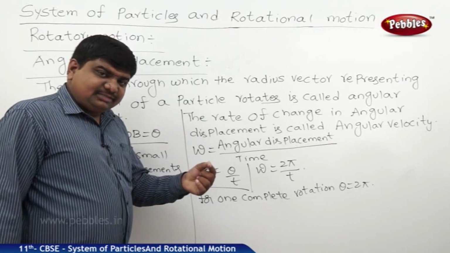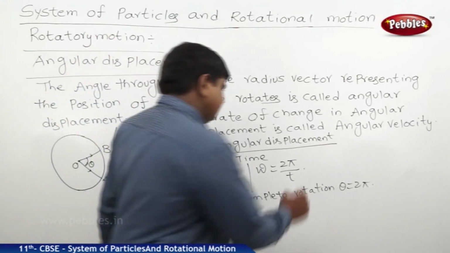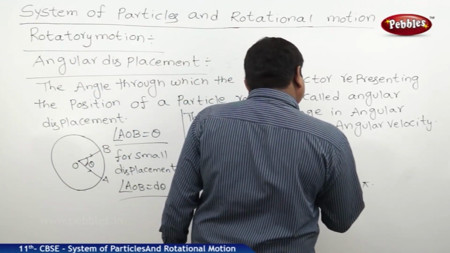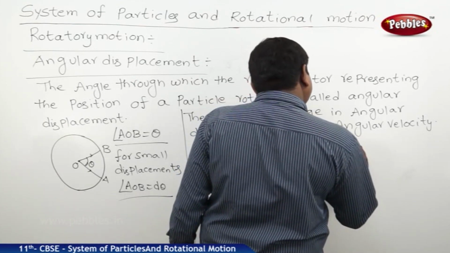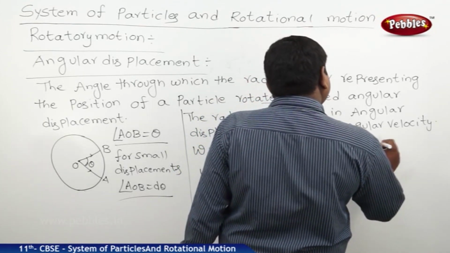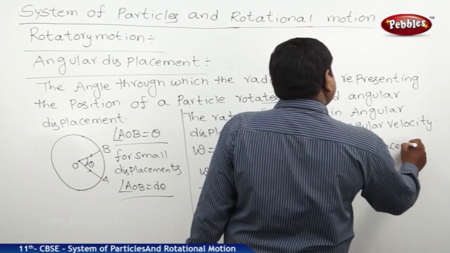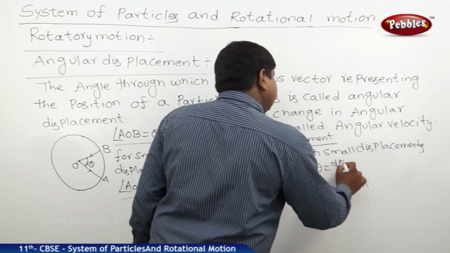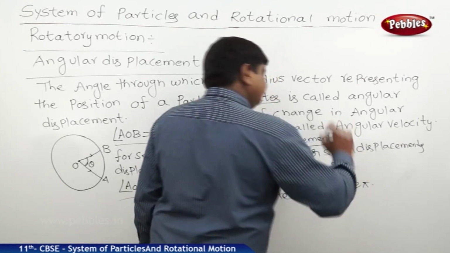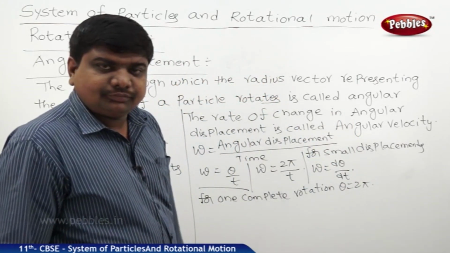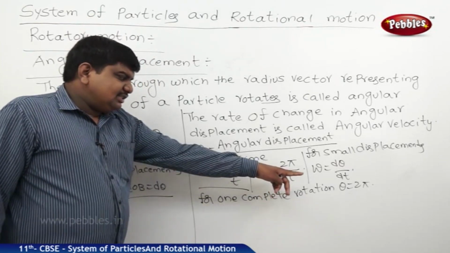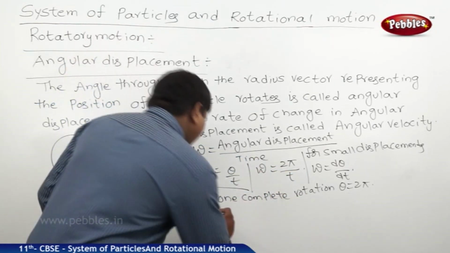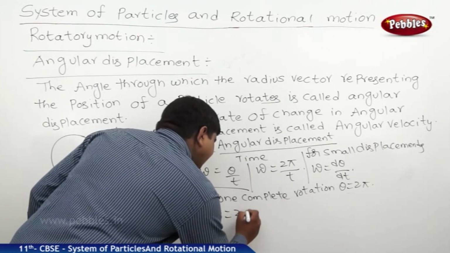For small displacement under small time intervals, omega will become d theta by dt. For one complete rotation, theta is equal to 2 pi. Therefore, omega will become 2 pi by t.